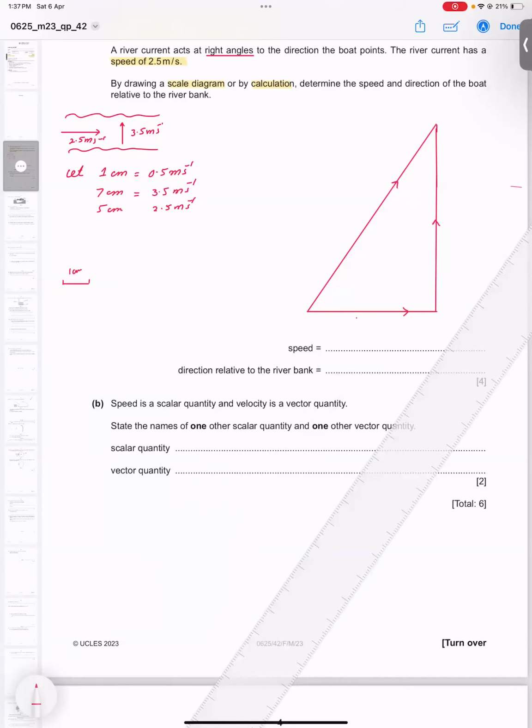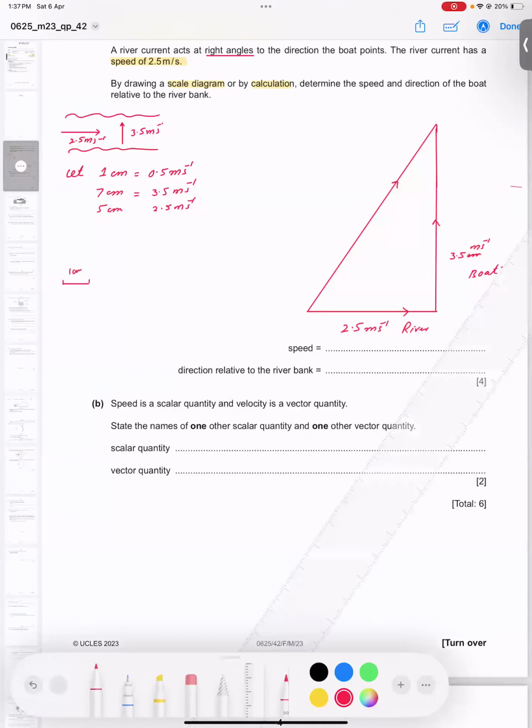As you can see, this is the 2.5 meters per second representation, that is actually the river, and this is the 3.5 meters per second that represents the boat. Okay, so this is my scale diagram.